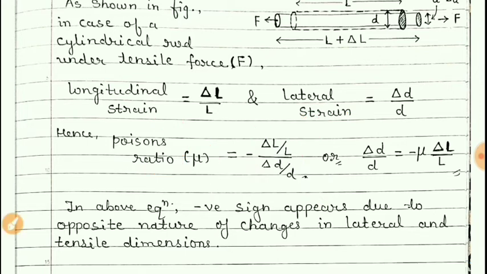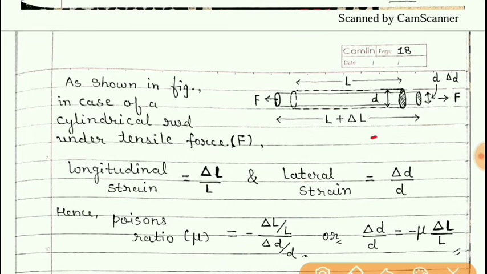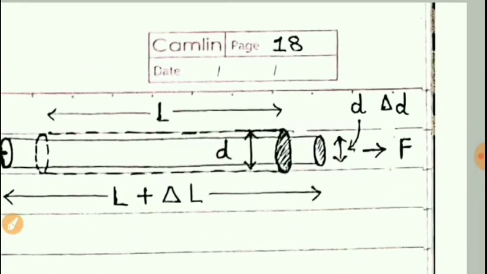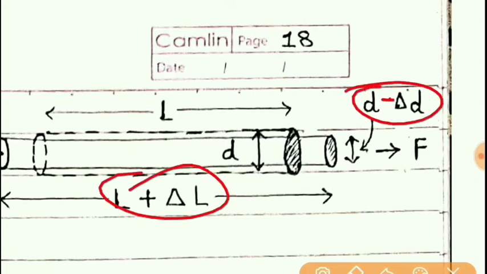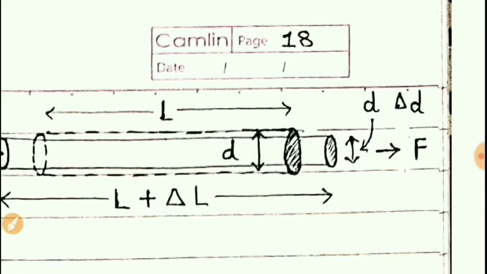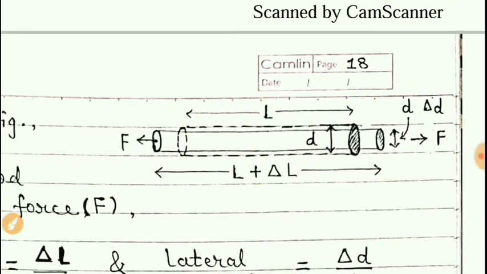Now, once again here there is a negative sign. This negative sign indicates that when the length increases, the cross section will decrease. So length increases but the cross sectional area will decrease, that is, the diameter will decrease. So there is an opposite nature. Students, one more thing. If you apply the force like this, that is a compressive force, then what will happen in that case?